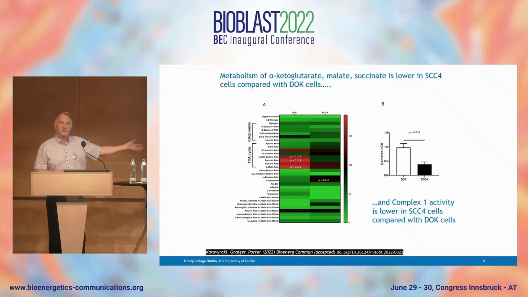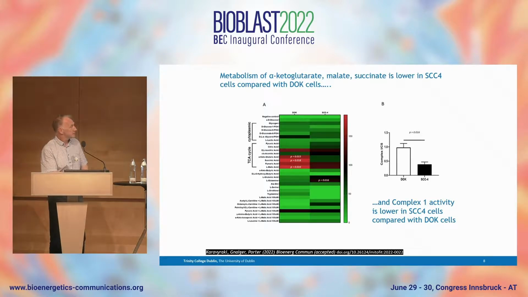Again, using a totally different system, just because we borrowed it for a while, the Biolog system, which looks at the oxidation of particular metabolites, complemented what we saw in collaboration with Eric, insofar as we saw malate flux was lower in SCC4 cells compared to DOC.